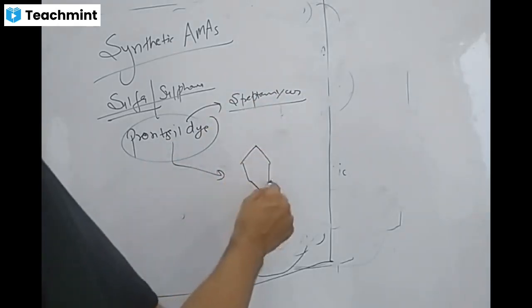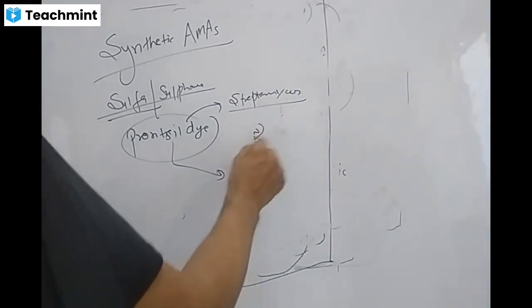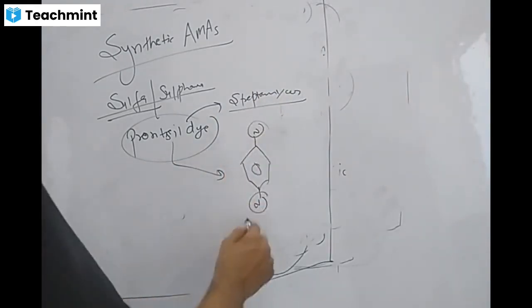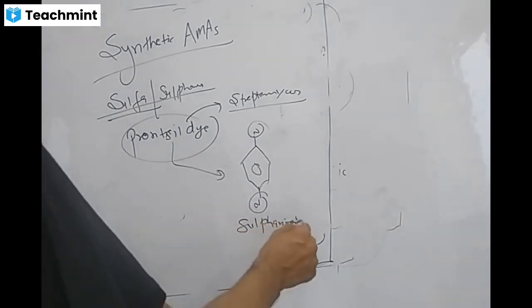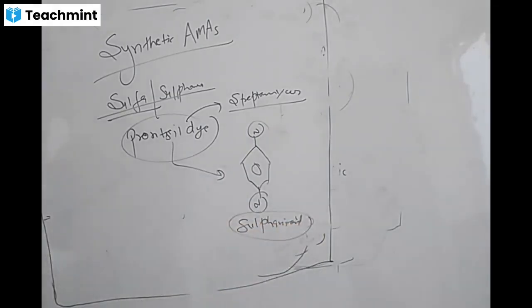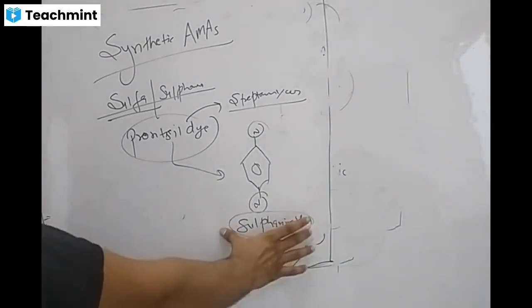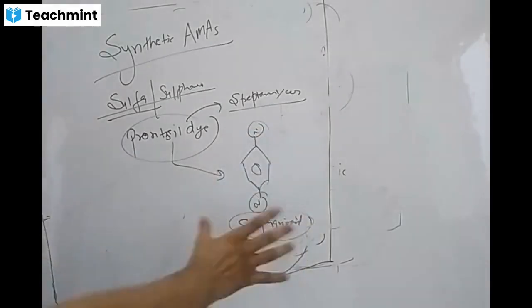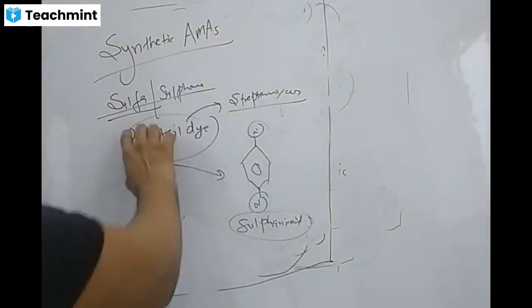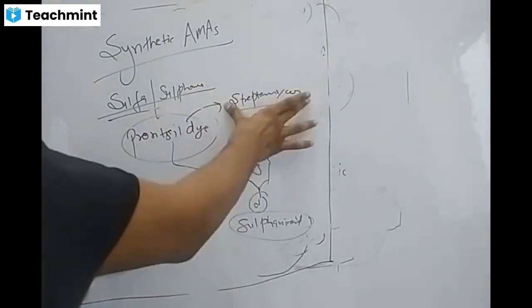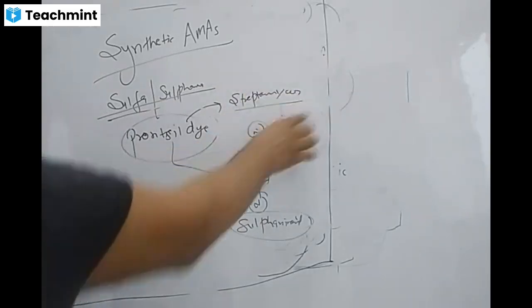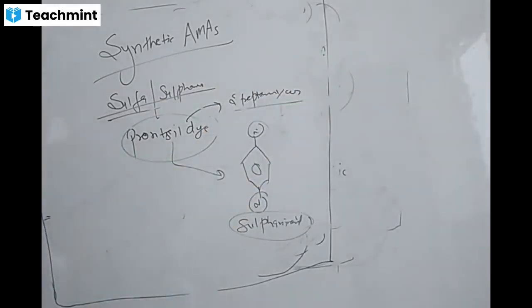We call that molecule sulfanilamide. So this is the active molecule. All the sulfonamides which are present today in the market are nothing but derivatives of this active molecule sulfanilamide, which was present in the Prontosil dye. And this dye was able to kill the bacteria, stop their growth like streptococcus in mice.